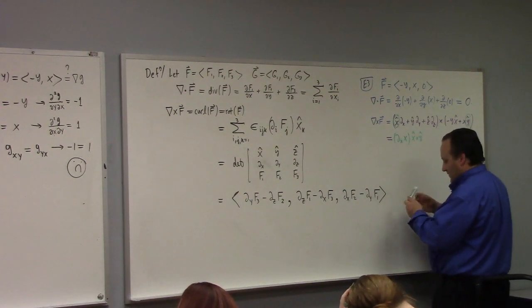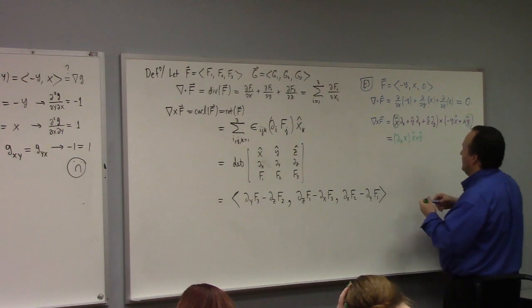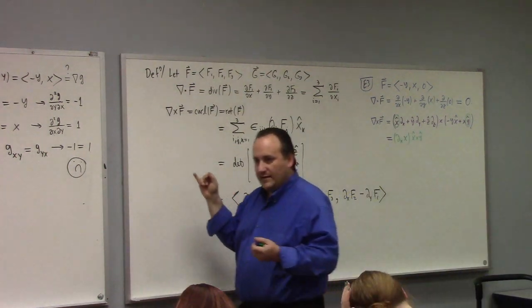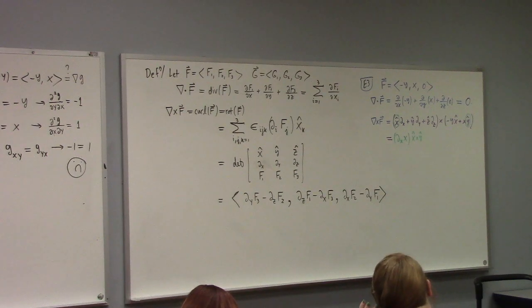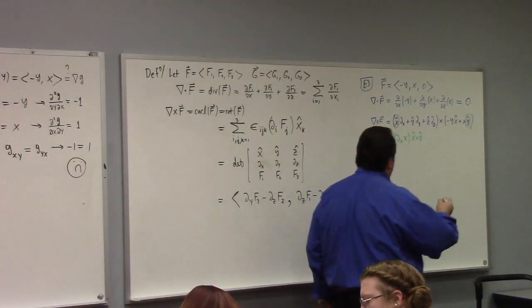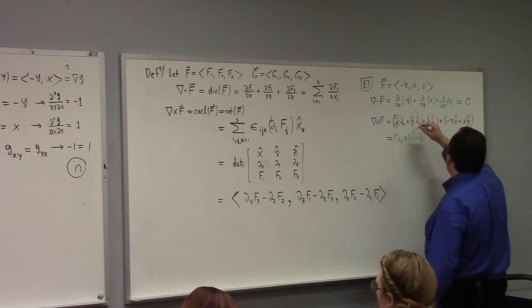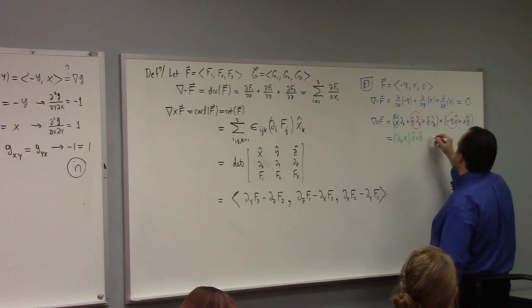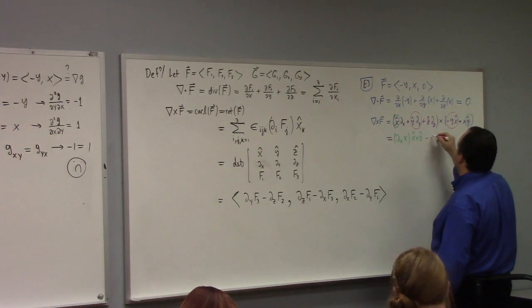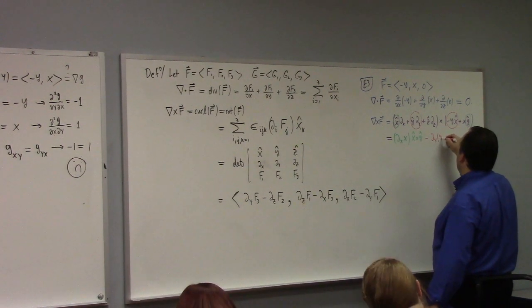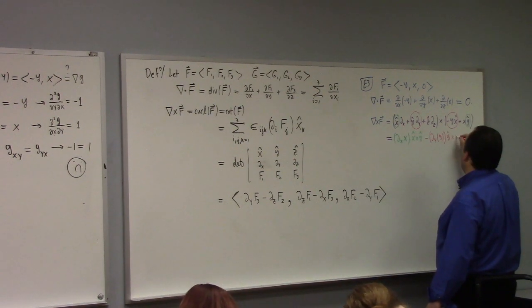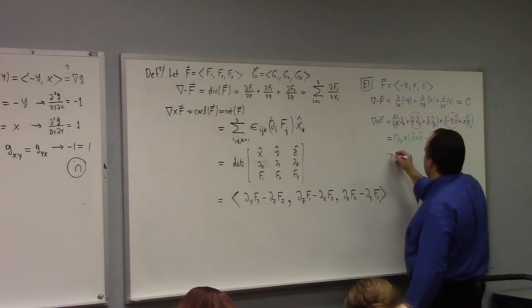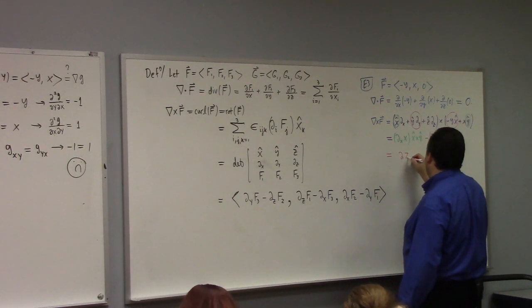On the other hand, the other non-trivial player is the partial y acting on the x hat term, right? So this one acting on that one gives me, and then minus partial y acting on y, y hat cross x hat, right? So what's that give you? Well, that gives you 2 z hat.